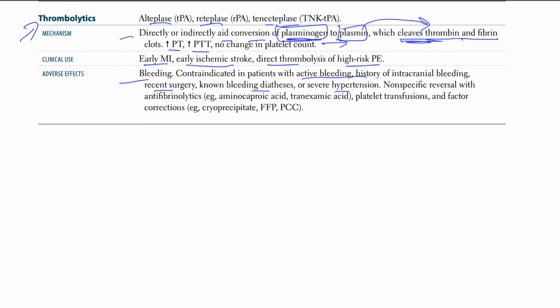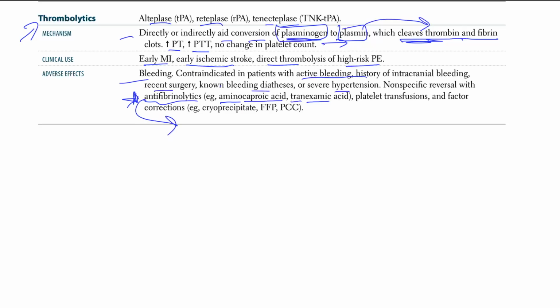Nonspecific reversal, very important, you can reverse them, but not specifically, with antifibrinolytics, which are aminocaproic acid or tranexamic acid. What's the mechanism behind this?